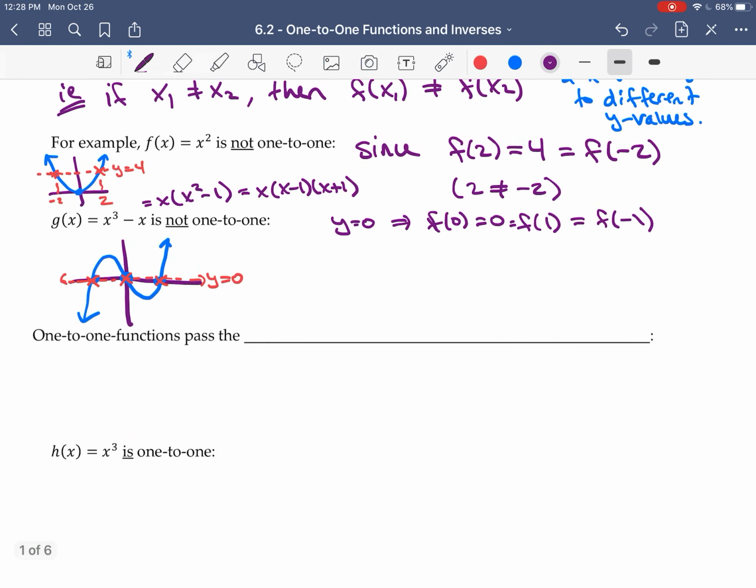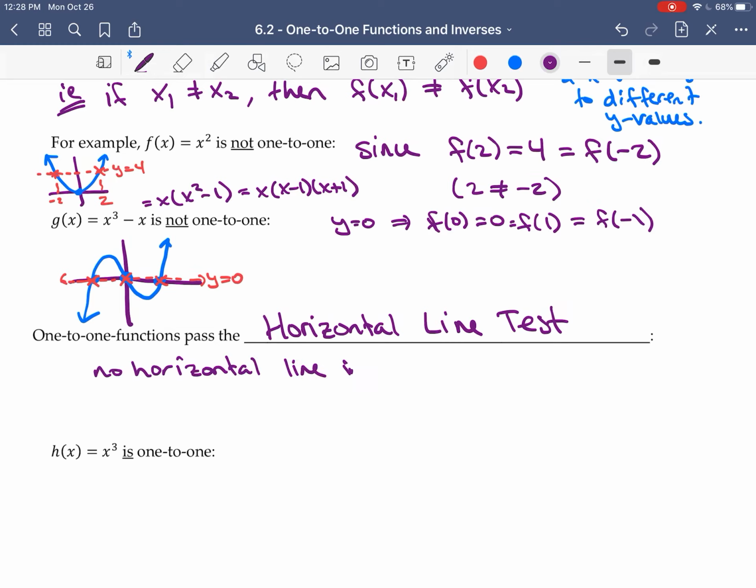One-to-one functions also pass what we call the horizontal line test, which works the same way. Okay, but horizontal. So what that is: no horizontal line intersects the graph in more than one place.